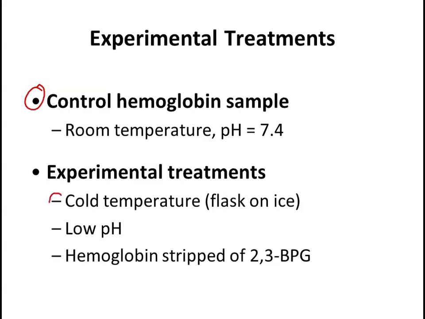First, cold temperature, and in this case you must keep the flask in a cold water bath throughout the experiment. Next, a hemoglobin sample for which the pH has been adjusted to be lower than 7.4. And in the third condition, hemoglobin has been stripped of BPG. And again, you'll recognize these as some of the same factors that we mentioned in the previous tutorial as factors that can change the affinity of binding between hemoglobin and oxygen.